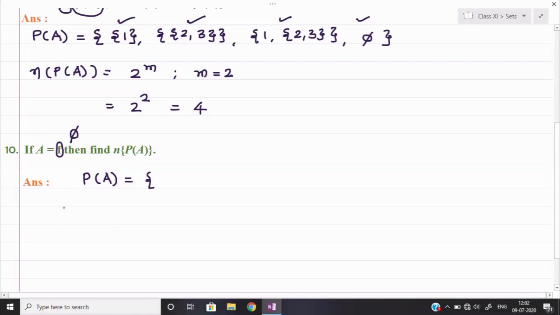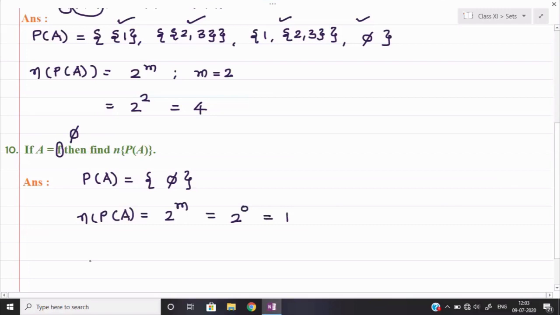Since there is no element, the subset of A will be only one, that is 5. So how many elements are coming in P of A? That is 1. So the number of elements of the power set of A, directly you can say 1, or if you want to use the formula 2 to the power m, the value of m, since there is no element in A, I will write down here 0, and 2 to the power 0 will be equal to 1.